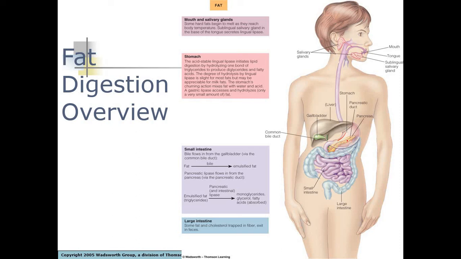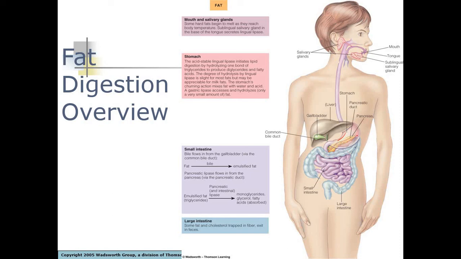Because the stomach is acidic, it was able to inactivate the amylase. But in this case, class, ang lipase is a pH stable. It's an acid stable nga lipase. So even in the stomach, it is not inactivated. Bisan unsa pa ka-acidic ang stomach.